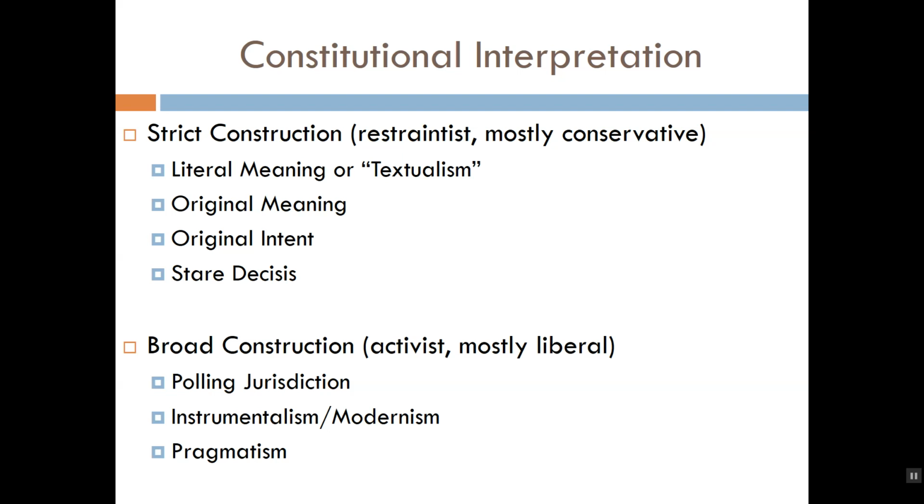The first strict or restrained theory of constitutional interpretation is what we call textualism or literal meaning. When applying this method of constitutional interpretation, you do not factor in your own opinions or perspectives. You just ask yourself, what does the Constitution literally say based on the laws of the English language and grammar?